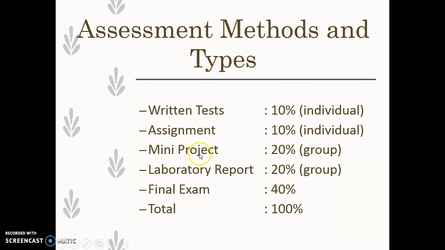Next you will have a mini project, equivalent to 20%, which is by group. Next you are going to have lab reports. You will need to run 5 lab experiments, equivalent to 20%, and it is also group work. And the final exam is 40%, and all together the total is 100%.